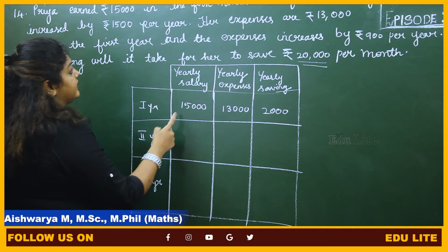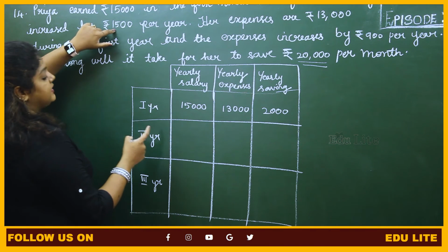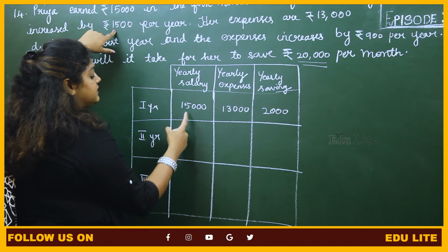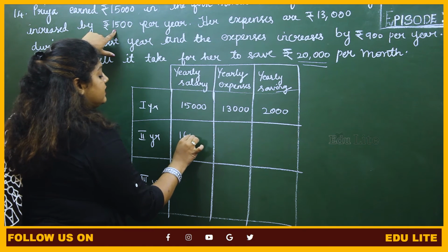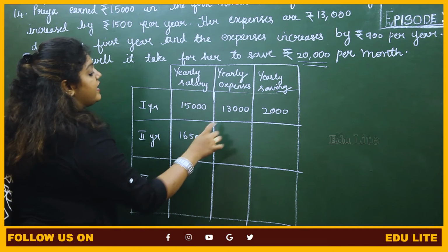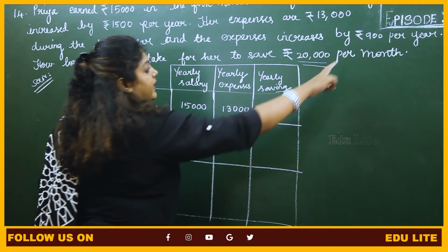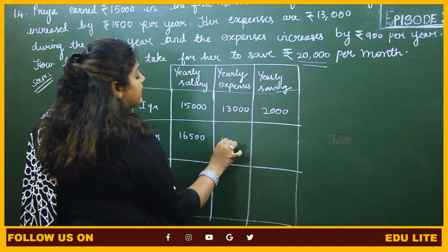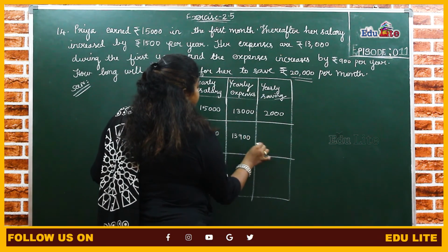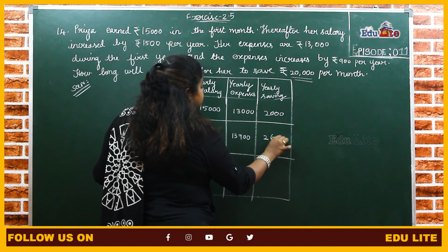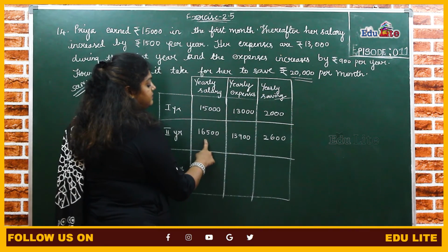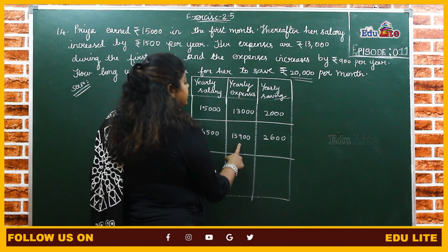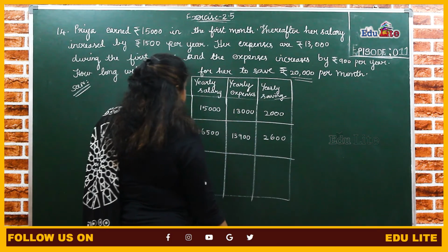In the second year her salary is increased by 1,500, so 15,000 plus 1,500 becomes 16,500. Expenses also increase by 900 per year, so it becomes 13,900. Therefore, she saves 2,600 because 16,500 minus 13,900 gives 2,600.